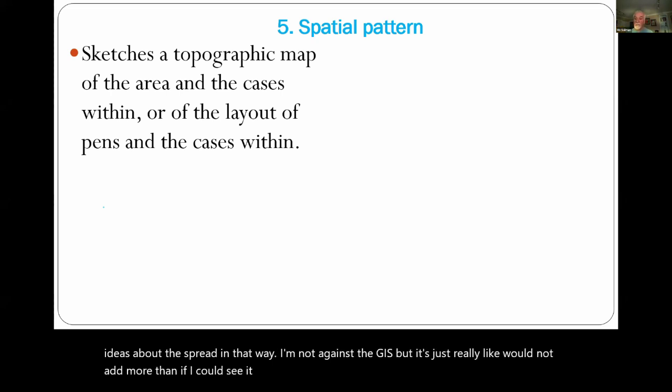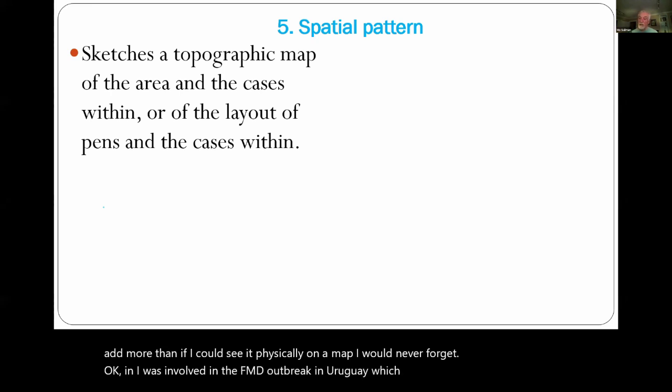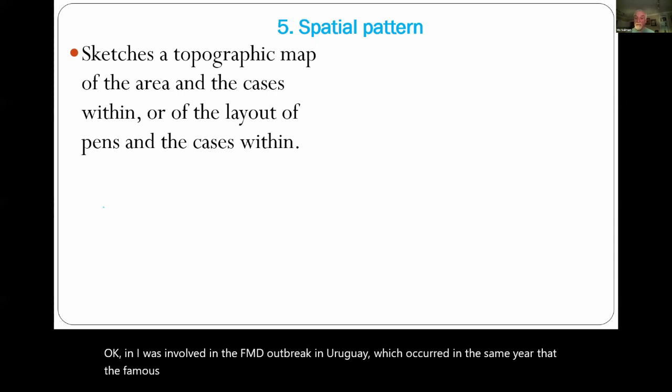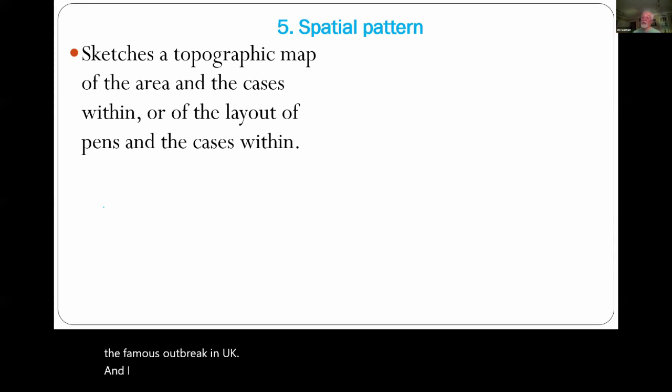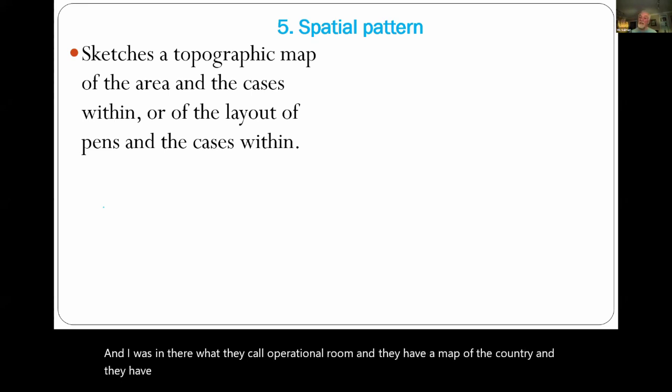I would never forget, okay, I was involved in the FMD outbreak in Uruguay, which occurred in the same year as the famous outbreak in the UK. I was in what they call the operational room, and they had a map of the country with different colored pins, showing me what was going on.